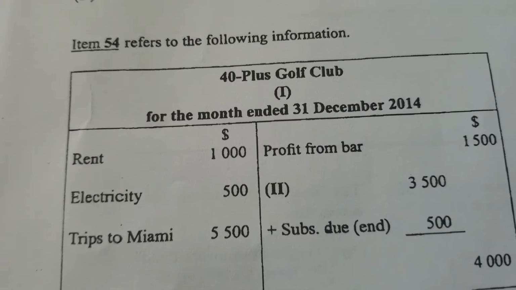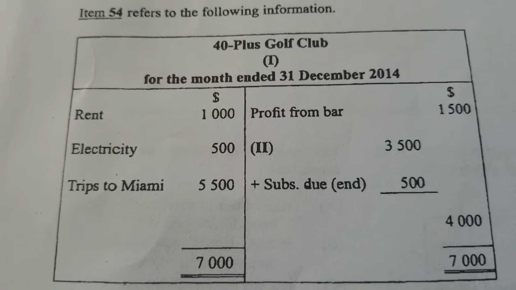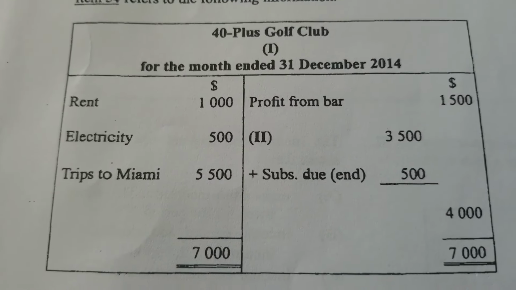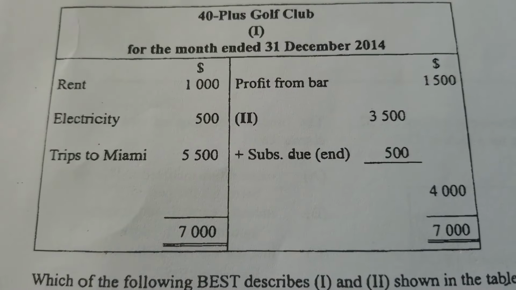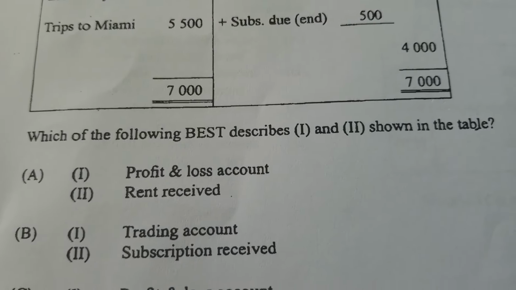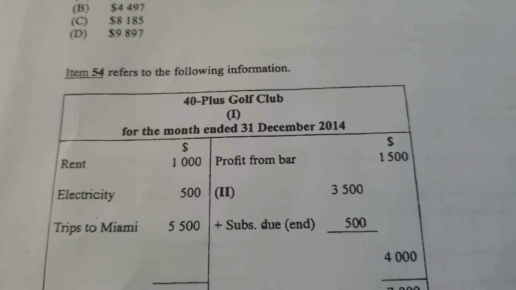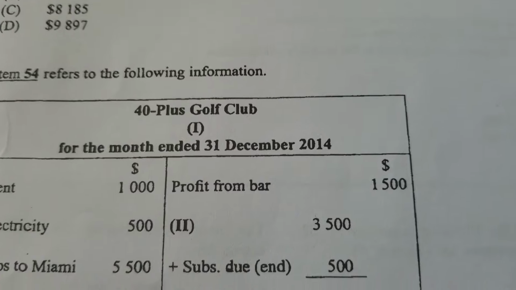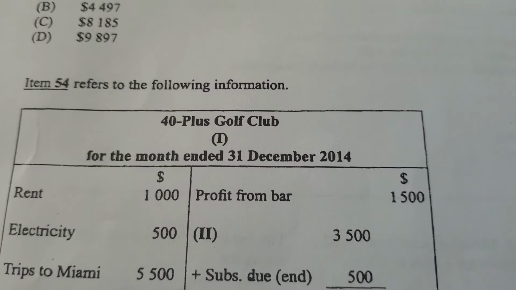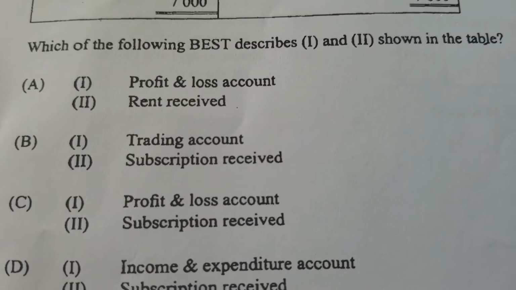Item 54 refers to the following, and they have given us here a golf club, and they have given us a statement here, and we're asked which of the following best describes I. Let's look for I. Where is I? Yes, that's the information here. And let's go to the answer. We see it at the top there, so that's a title. What title is that for I?